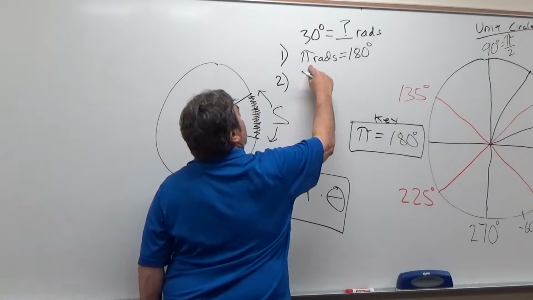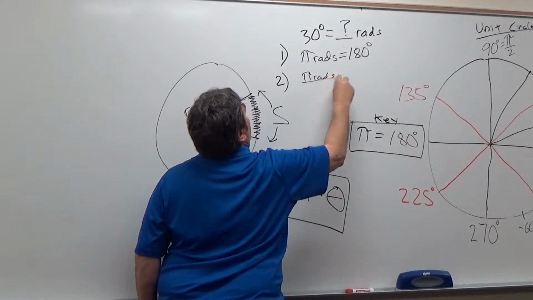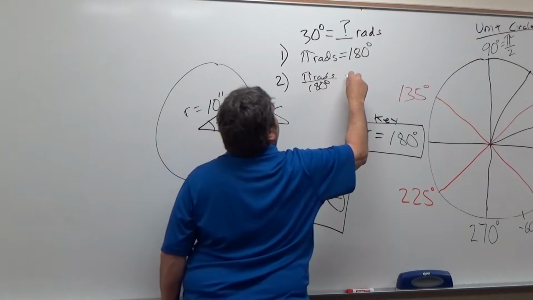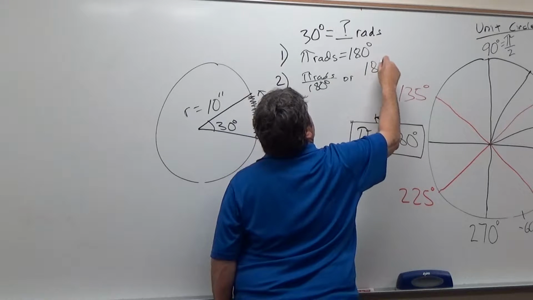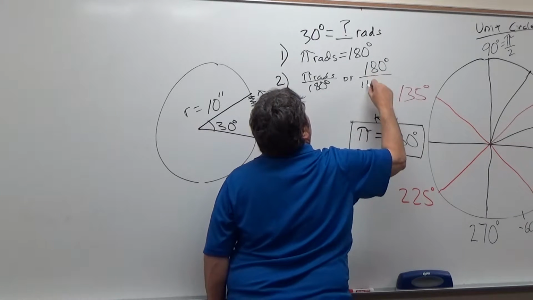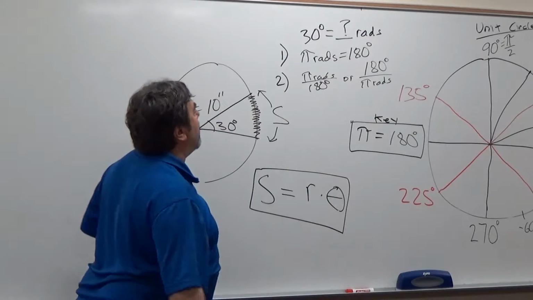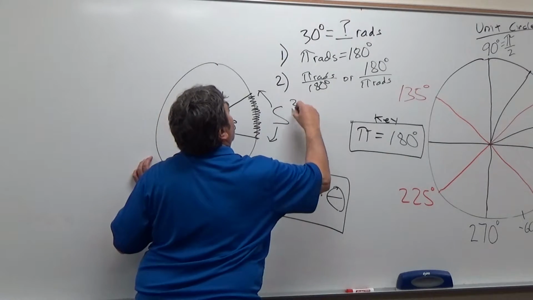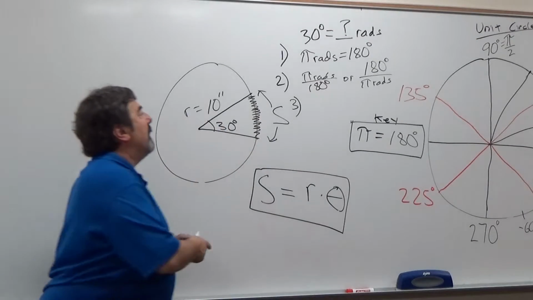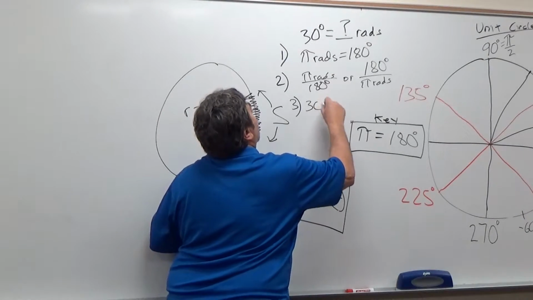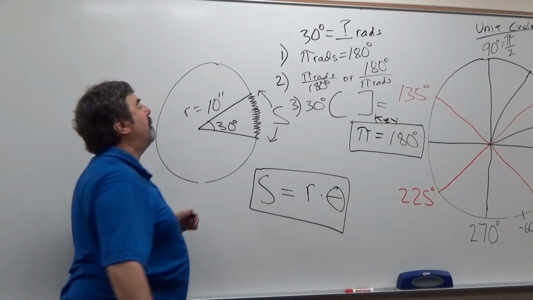You say this over this, so pi radians over 180 degrees, or this over that, 180 degrees over pi radians. And now step three is where we do our actual converting. We're going to take what we're converting, which in this case is 30 degrees, and we're going to multiply it times one of the two fractions from step two.